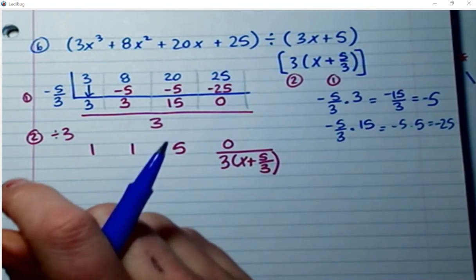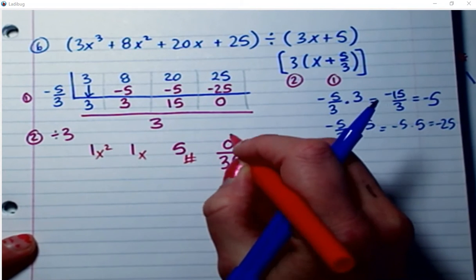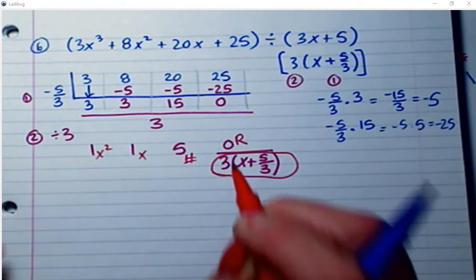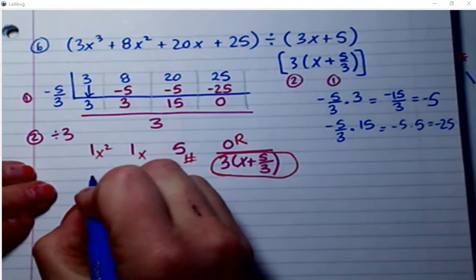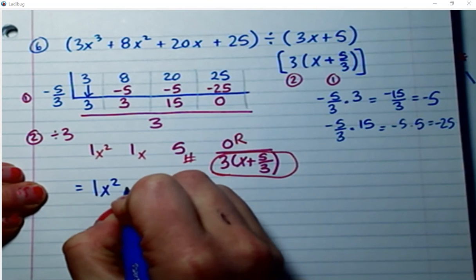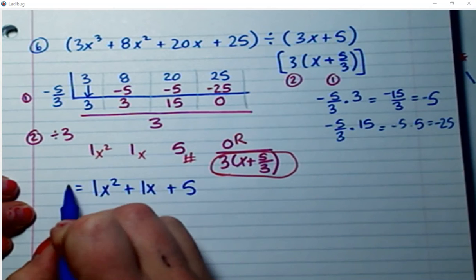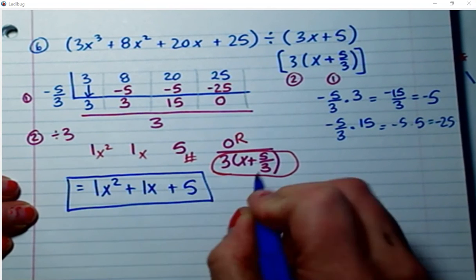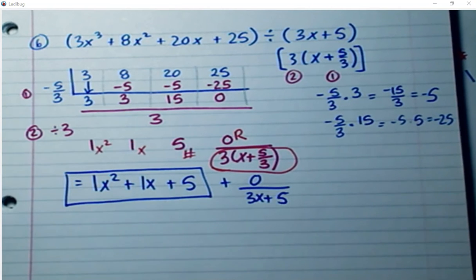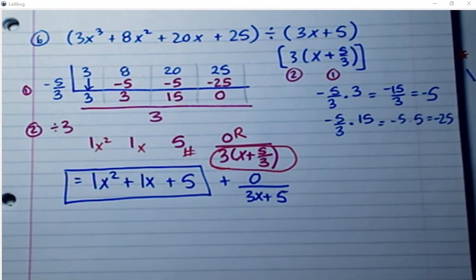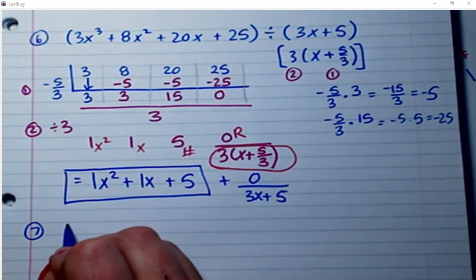So how do I write this in? We write x, number, remainder over the original, because the original accounts for both the things I had to divide by. So we get 1x squared, and actually there is no remainder. I'll write it, but I'm not going to circle it, because that's what your remainder would look like, whatever the number is over the original factor. Okay, you guys try this one.